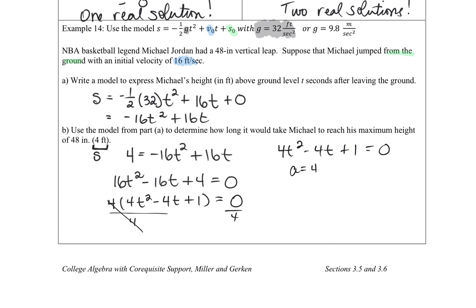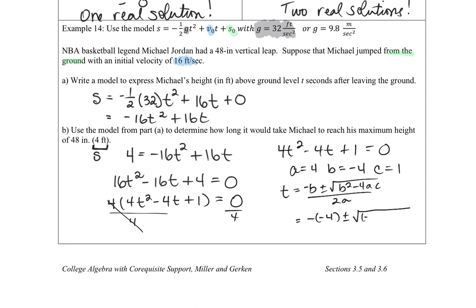So a is 4, b is -4, and c is 1. And this time t equals -b plus or minus the square root of b squared minus 4ac all over 2a. So the opposite of -4 plus or minus the square root of -4 squared minus 4 times a, which is 4, times c, which is 1, all over 2 times 4, because that's a, right?